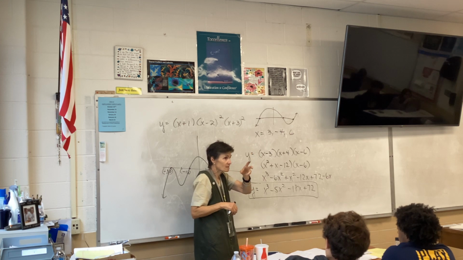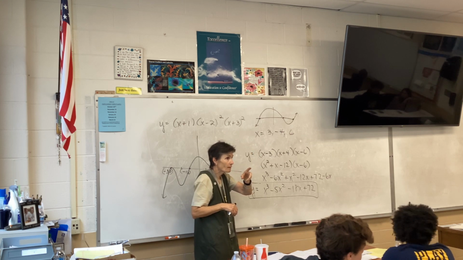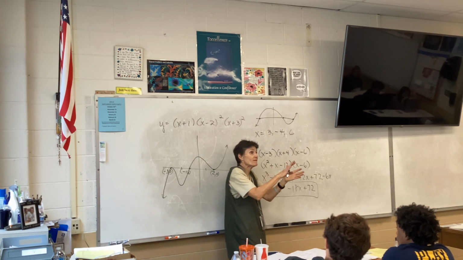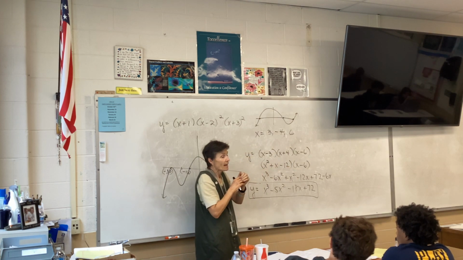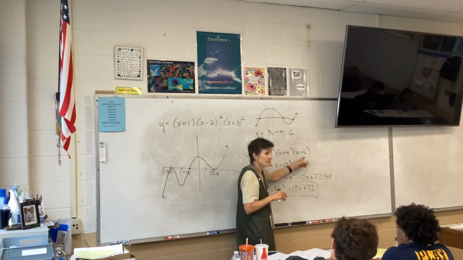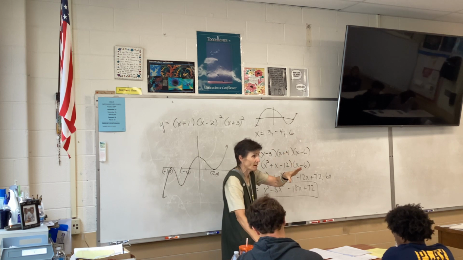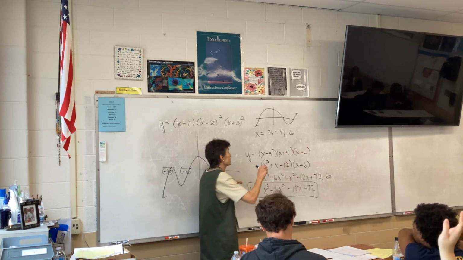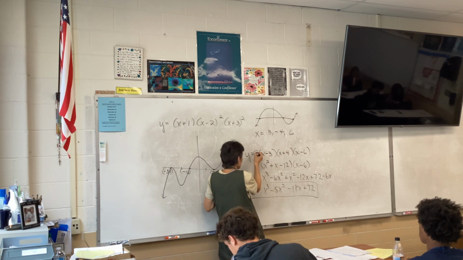Billions. Sydney, what does it depend on? The degree to each. Oh, so Sydney's saying we could even complicate it further and put powers on these guys. Now, it does say find a cubic, so there aren't going to be any powers on there. But what do I not have here in my problem?